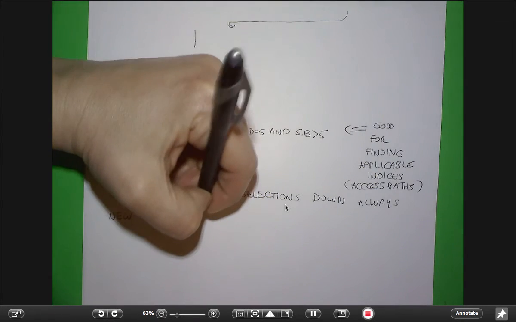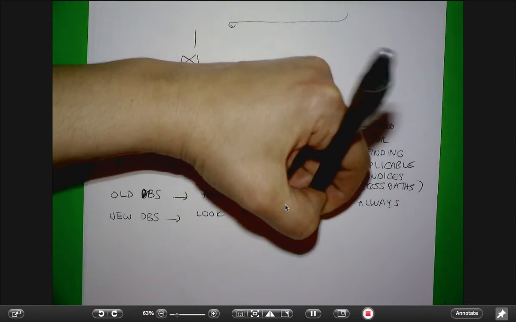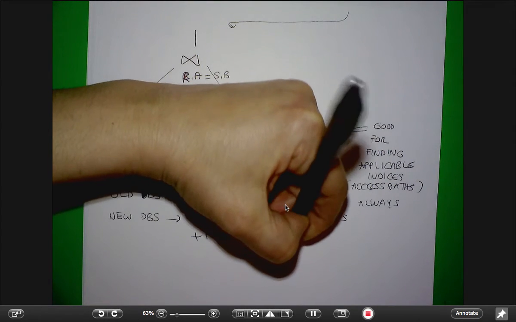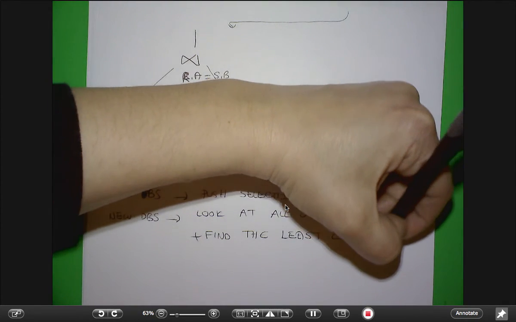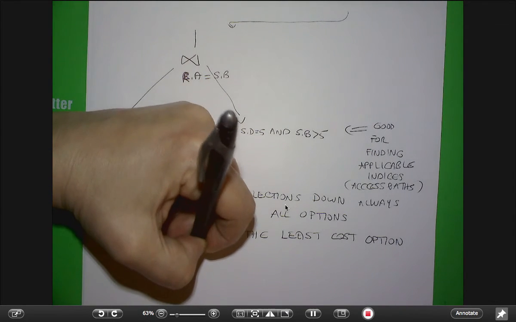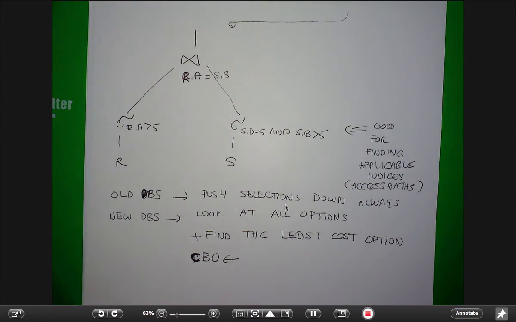So instead, what I want to do is look at all options and find the least cost option. Okay? So these databases, which is pretty much any database you use today, employ something we call cost-based optimization. They call this CBO.